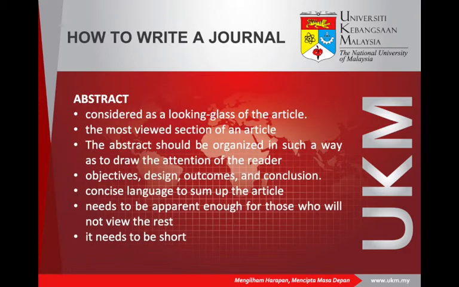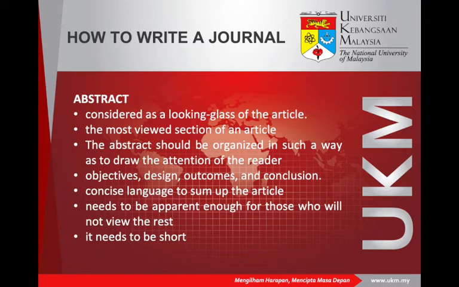For your journal, the abstract is considered a looking glass of the article. It's actually the most viewed section of an article. So the abstract should be organized in such a way as to draw the attention of the readers. It should contain the objectives, design, outcomes, and conclusion.